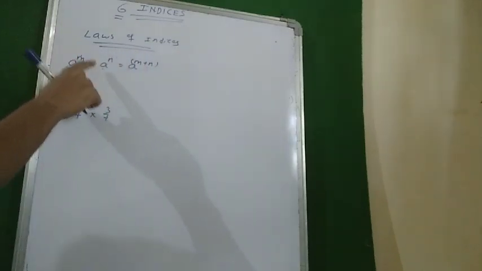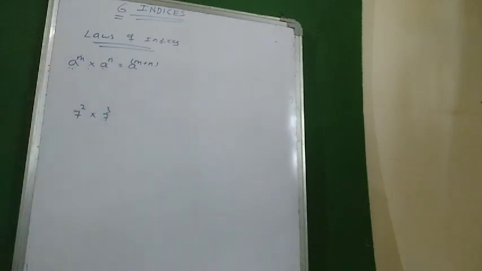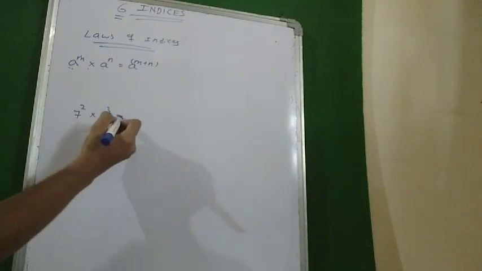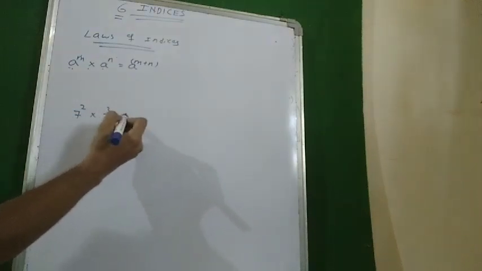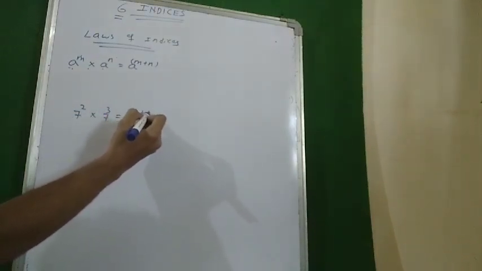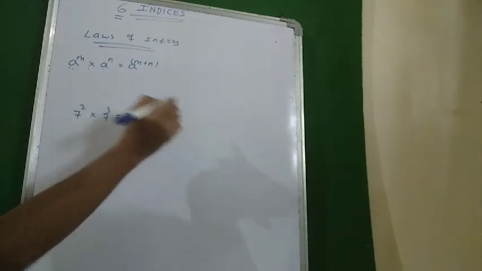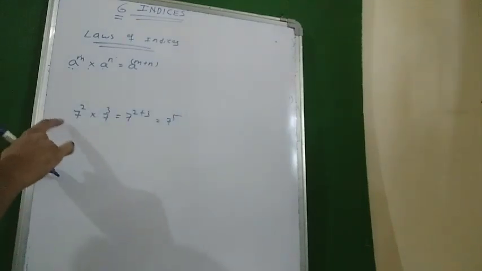So a raised to m multiplied by a raised to n can be written as a raised to m plus n. In this case, 7 raised to 2 times 7 raised to 3 will become 7 raised to 2 plus 3, which is nothing but 7 raised to 5. I should see this example in your notebook.